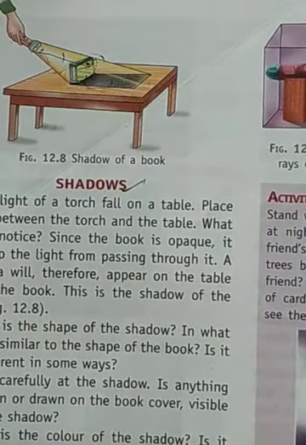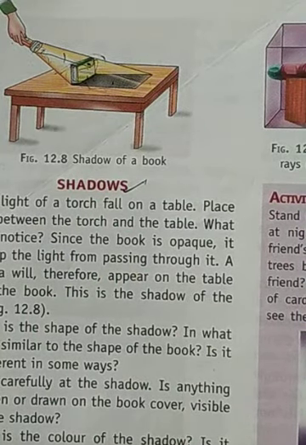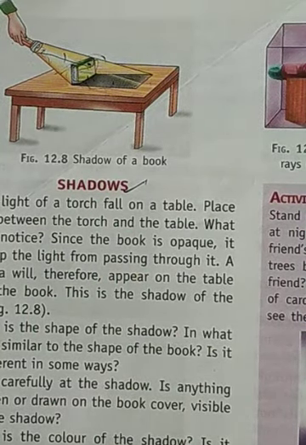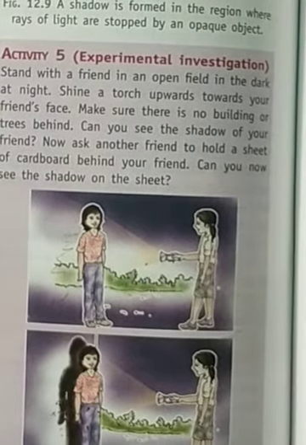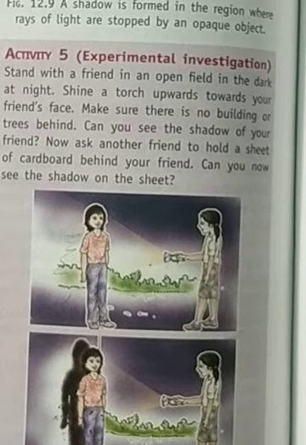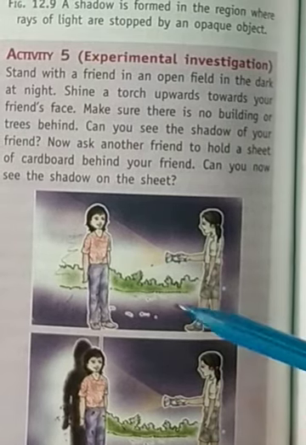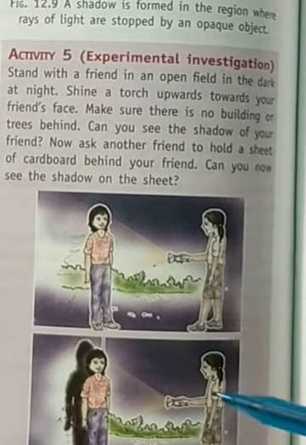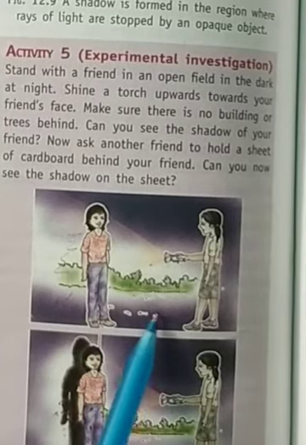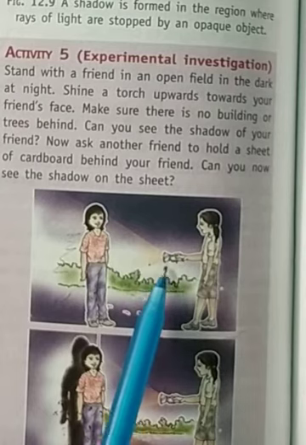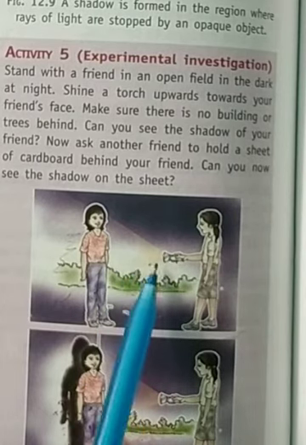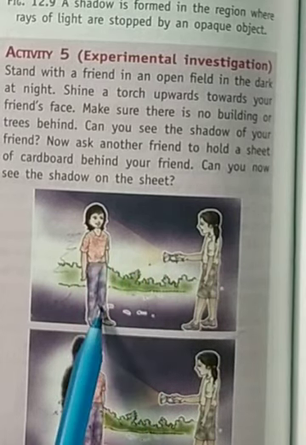Now second thing is that you should know what is screen. Now for screen I will first tell you regarding this picture. Two diagrams are there. See these two diagrams. In the first diagram, see this girl. This girl is holding a torch. And when you switch on the torch, the light of torch will fall on this boy.